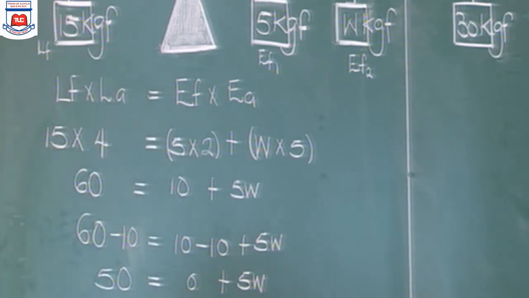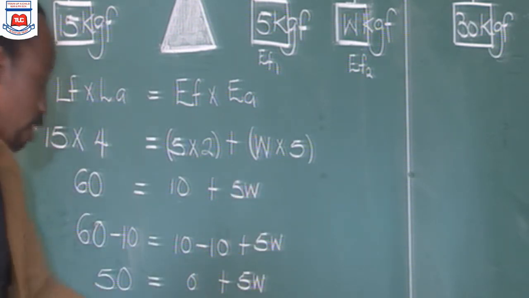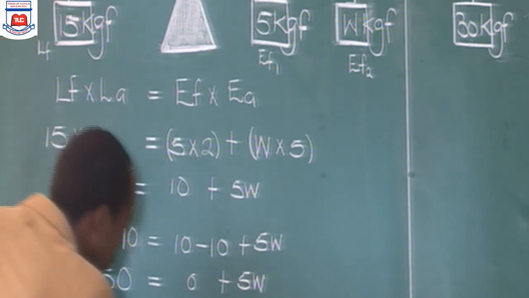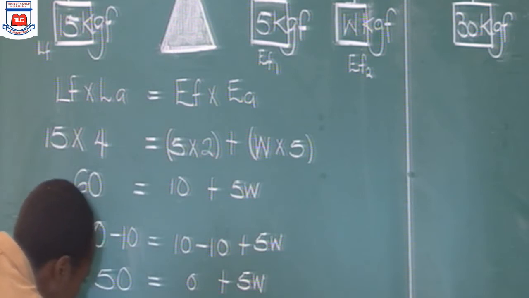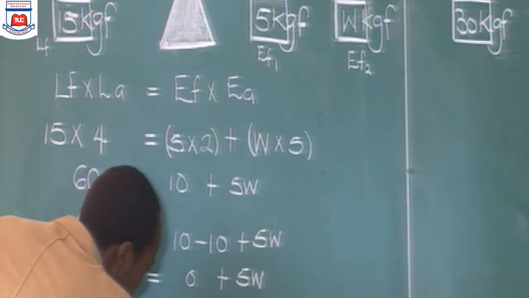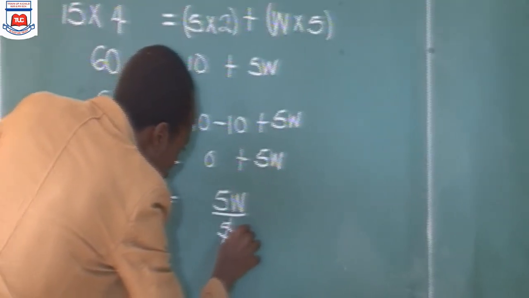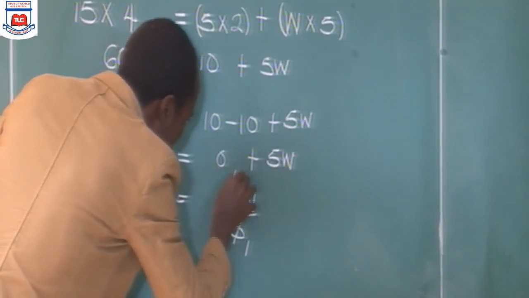What is our next step? In order to start with W, we have to divide both sides by 5 such that we remain with W on one side. Divide by 5 this side, divide by 5 this side. Cancel by 5, divide by 5, 1. 5 divided by 5, 1.